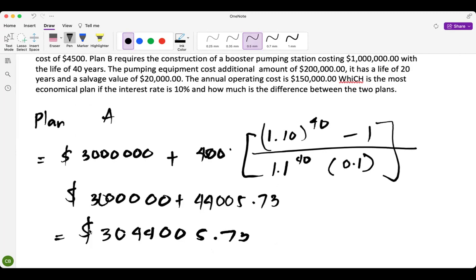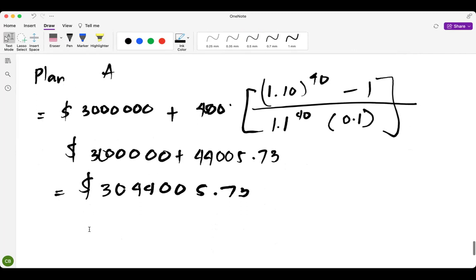So this would be your total cost for plan A.